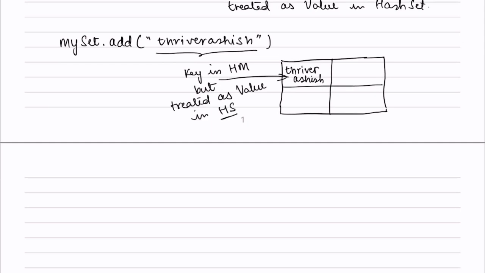You have to remember this, and here there will be an empty object which will be called PRESENT, right? Similarly the hash code of this will be calculated, according to which it will be mapped.